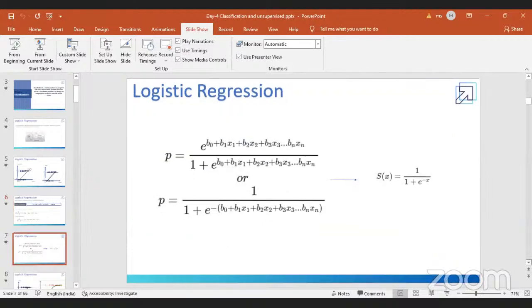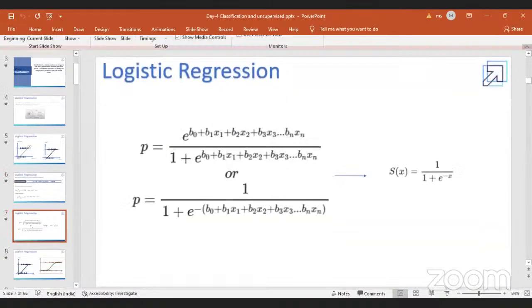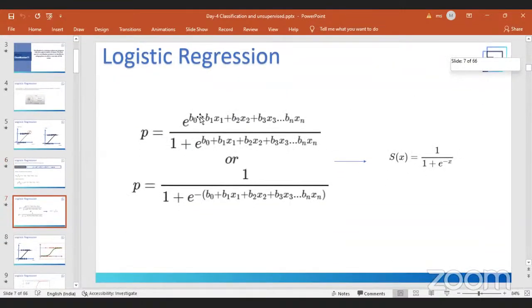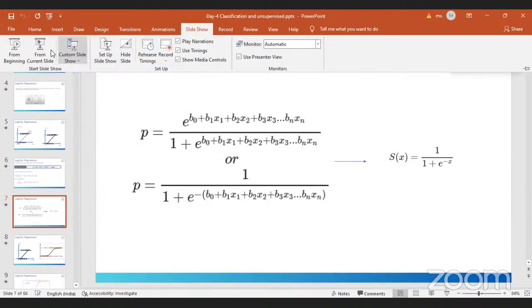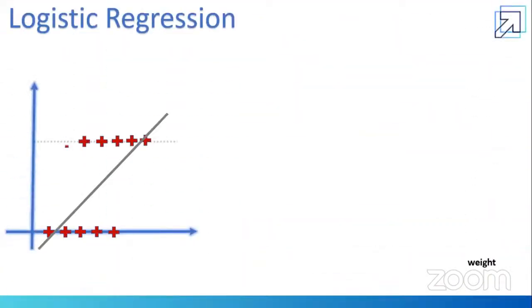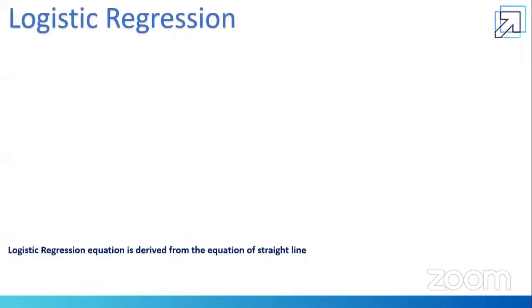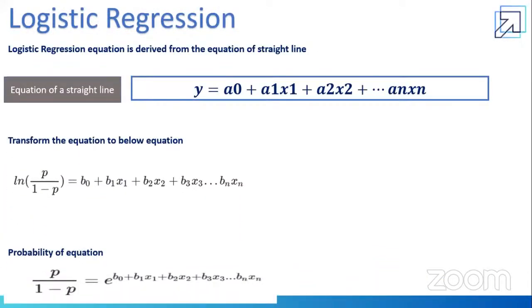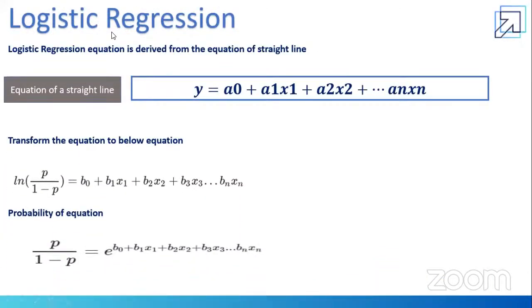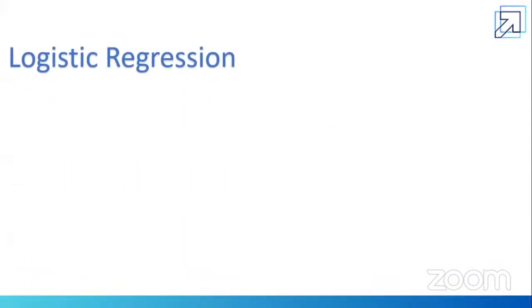So this is what we get. Applying the sigmoid function, we will get this equation. Then from here, we will get the probability of the equation.